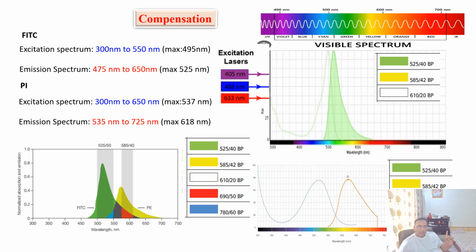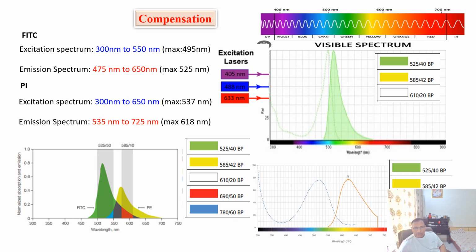Earlier I told you that we decide which filters to use on the basis of the peak emission. So on the basis of the peak emission, we select the filter whose wavelength is around 525 nanometers. For FITC, the most suitable filter will be this green one.